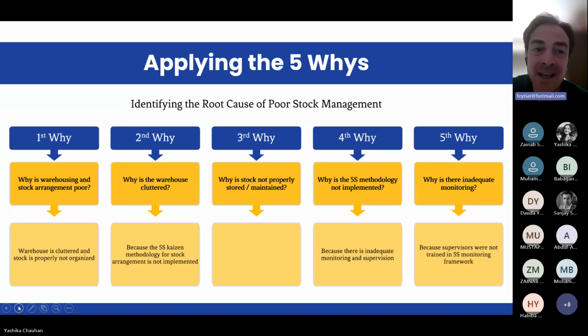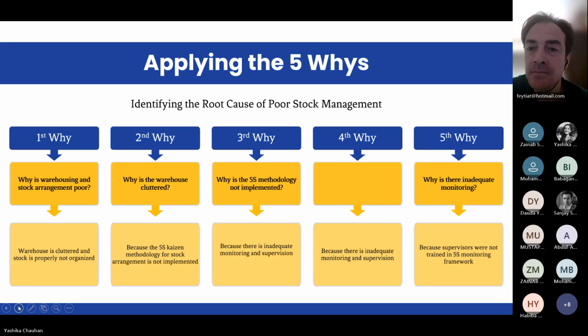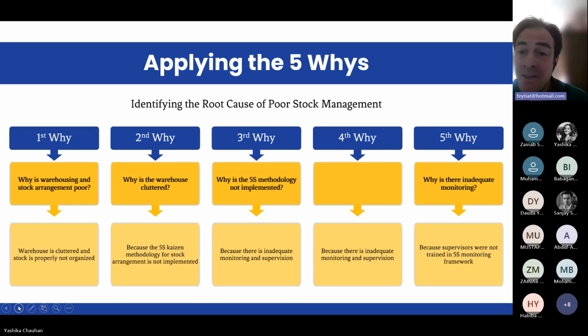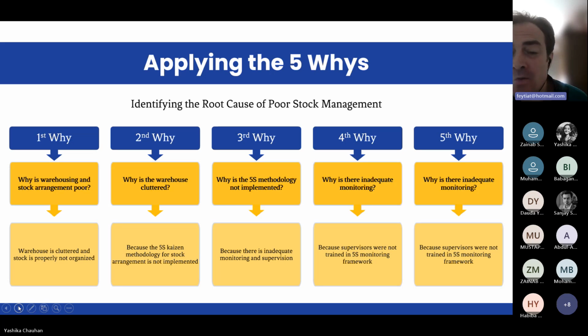Almost exactly like Yashika put, it's not organized because we have a good methodology, but it is not properly implemented. And because in the first why and second why you repeated yourself a little bit, are you sure you're going to the root cause?